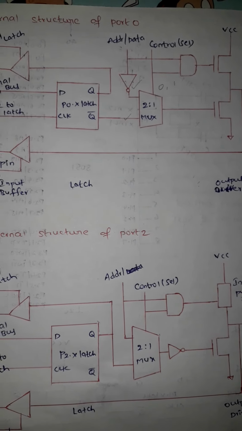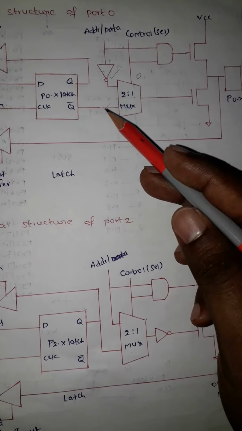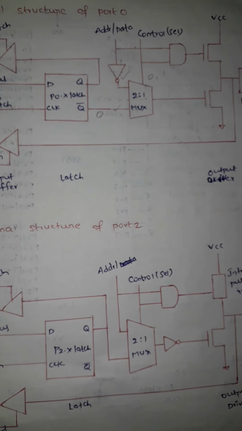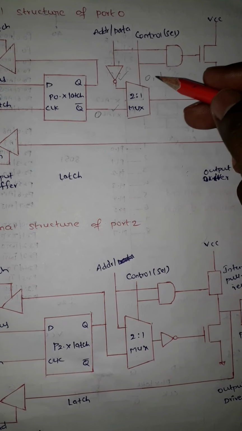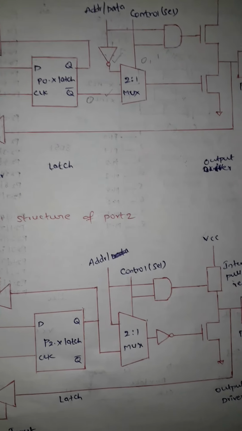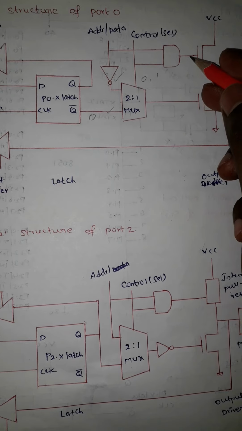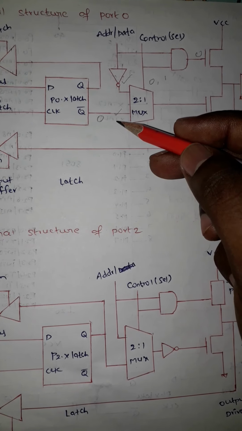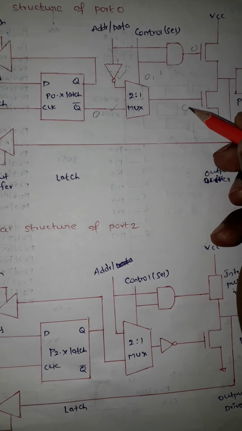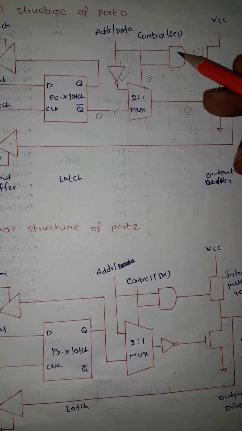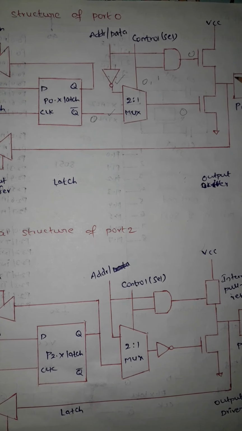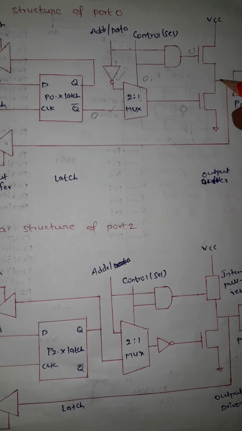And you can see that whenever the control signal is 0 for IO operation, one of the inputs of the AND gate is 0, so the output is 0. And if the Q bar output is 0, then this is also 0. So if the AND output is 0 and this is 0, both go to 0, then the output obtained here is 0.